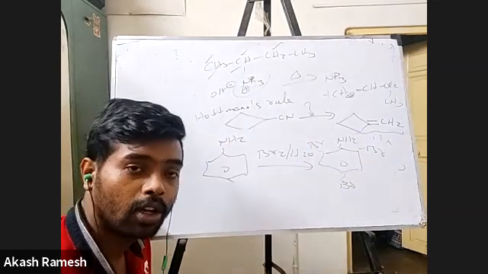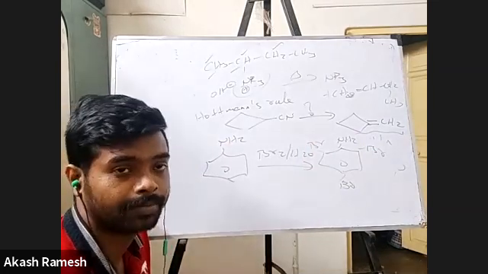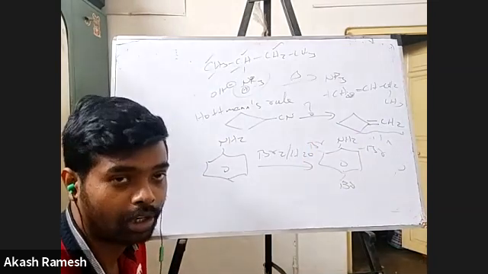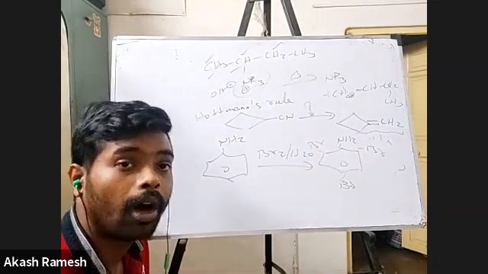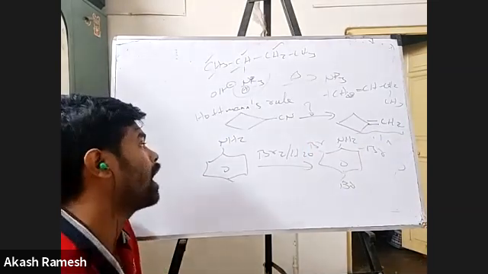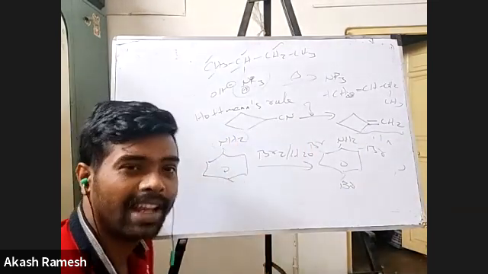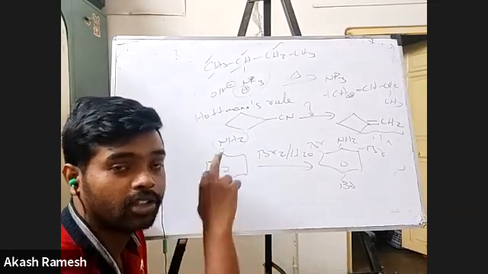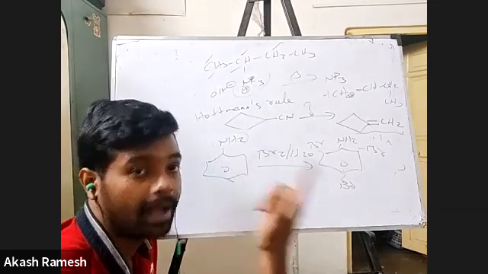But if at all you want the Br to be only at one ortho or para position and not all three positions, what you have to do is convert this into a less activating group. The best way to go about it is to convert the amine into an amide, right?